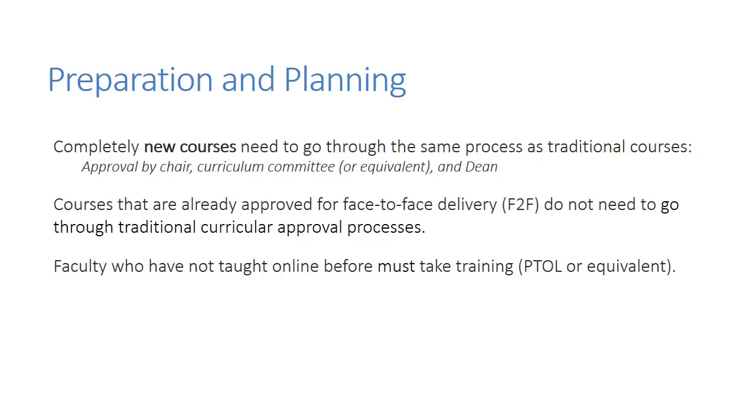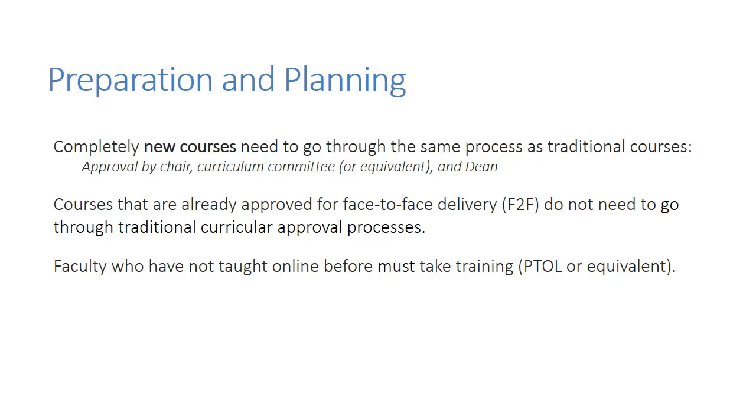The process really begins with obviously preparation planning. If it's a completely new course, you still have to go through the same systems that you would with a face-to-face class, which would mean you'd have to get the chair's approval and the dean's approval. If it's an arts and sciences course, it would go through the Arts and Sciences Curriculum Committee.